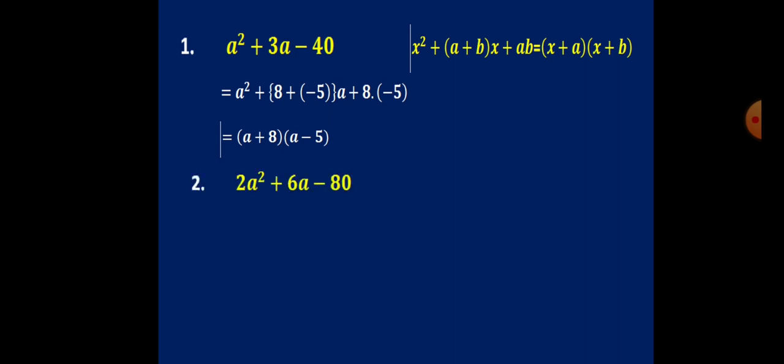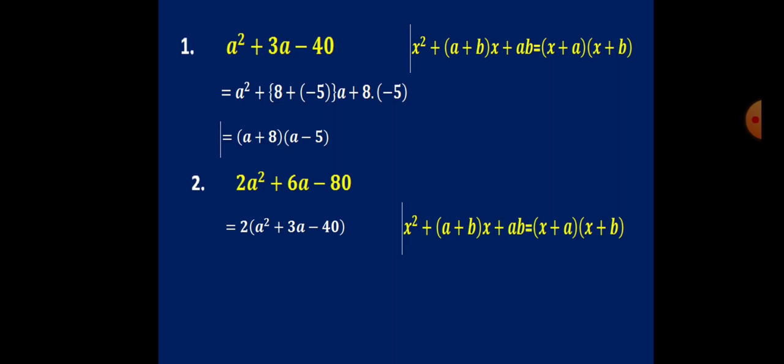Well, you can see that the second problem is similar to the first problem. If I multiply the first problem by 2, then I'm going to get that one. What I want you to know is that you must have the a squared term free from any coefficient. By taking out 2, we have a squared plus 3a minus 40. You cannot apply this identity with 2a squared.